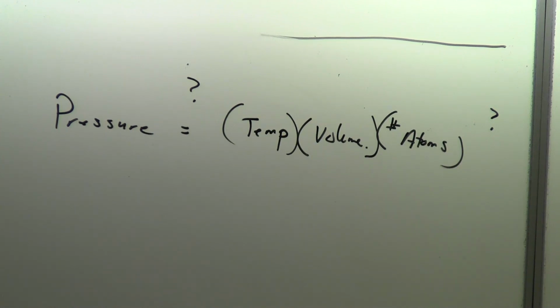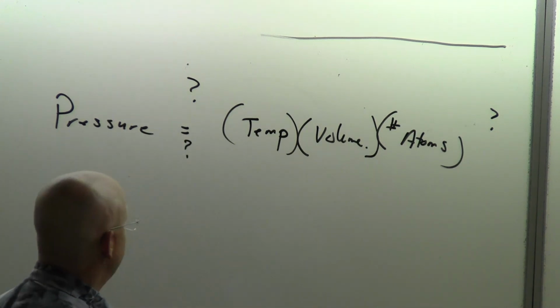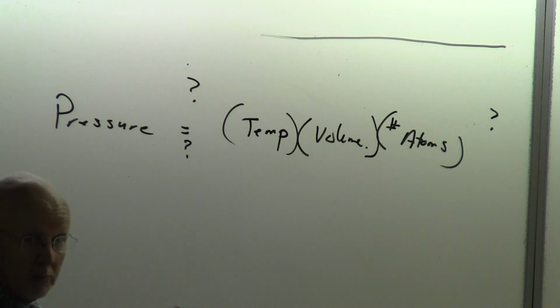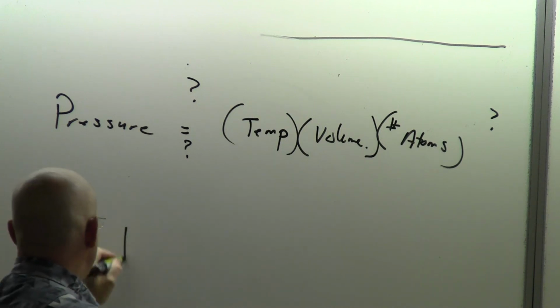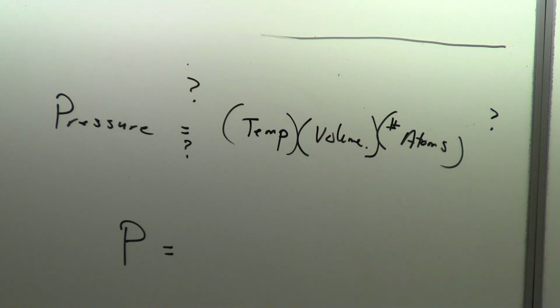And maybe you can see it this way. And I shouldn't put equal because you're going to see that's not quite what it's equal to. But let me put a capital P for pressure. And I like to say this. If I come over here and begin to say, what is causing the pressure?